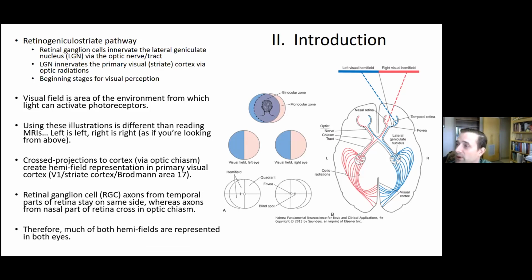All right, so this diagram is showing you how the visual field would look if we were really seeing this nice contrast separation of what each eye is taking from the visual field. So as you can see here, you've got both right and left hemifields represented in both eyes.